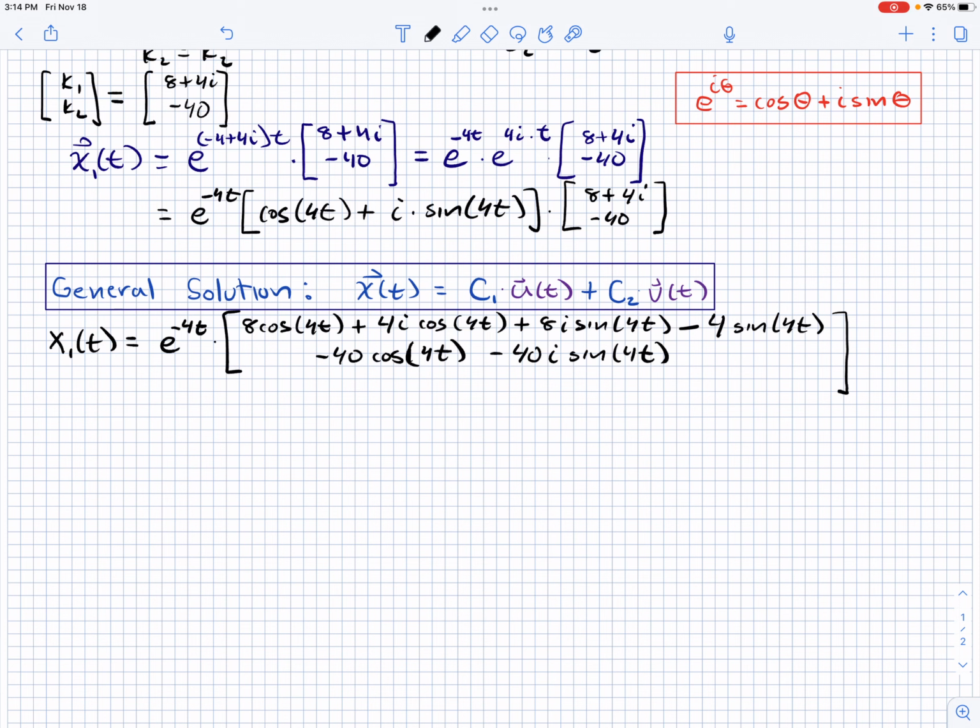And what's cool about this is notice we can split the real terms from the imaginary terms, right? There's the imaginary terms and there's the real terms.